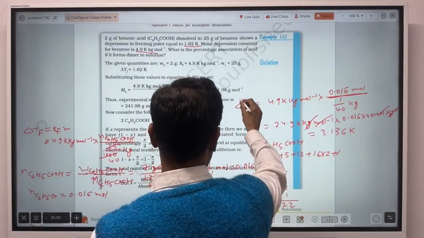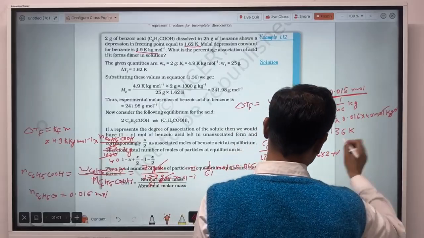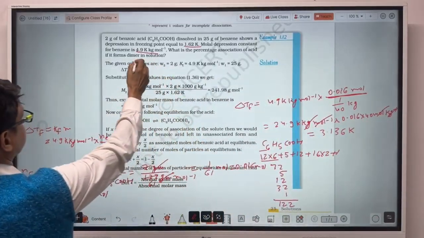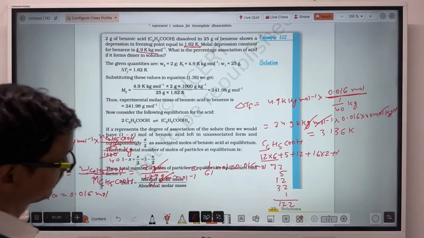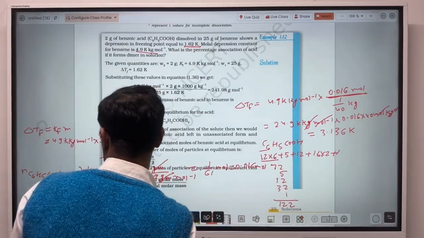ΔTf calculated will be that much, 3.136 Kelvin, and ΔTf observed is 1.62 Kelvin. So let's see the next process.